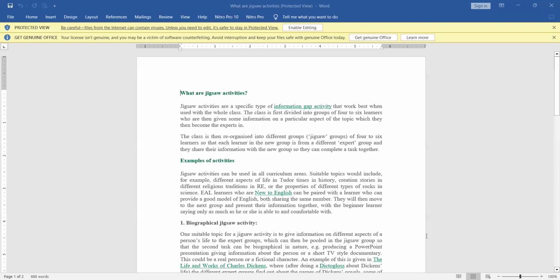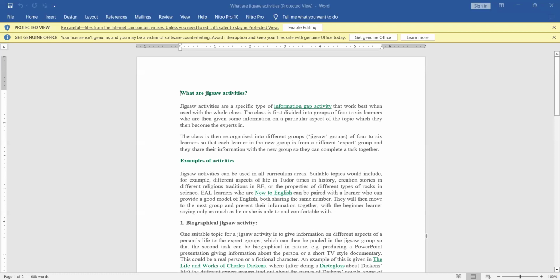Once you create that gap, you give them an activity based on all the information that A, B, and C have.